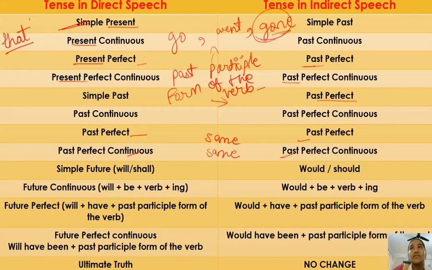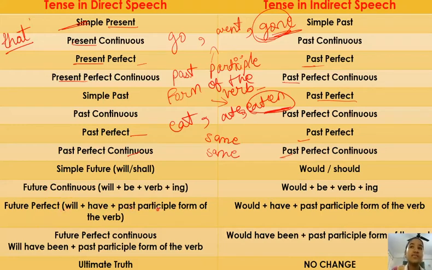Gone is your past participle. Eat, ate, eaten. Eaten is your past participle. Like that.